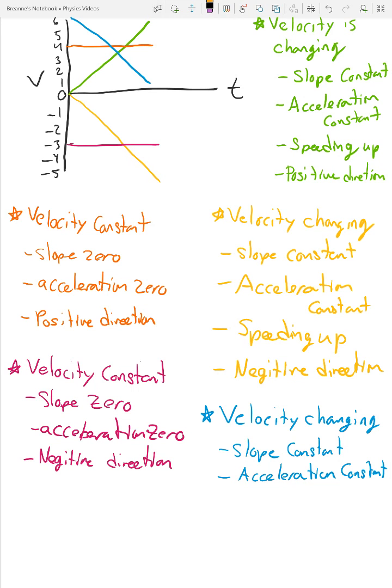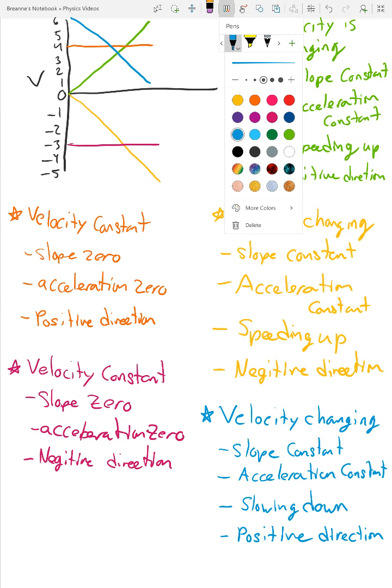You just decide if it's speeding up or slowing down. We're going from bigger numbers to smaller numbers, so that means we're slowing down. We're just slowing down in the positive direction because our numbers are positive.